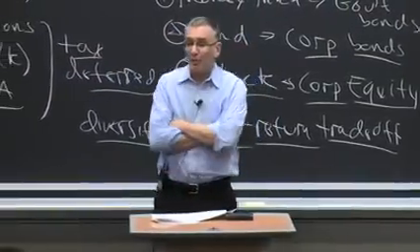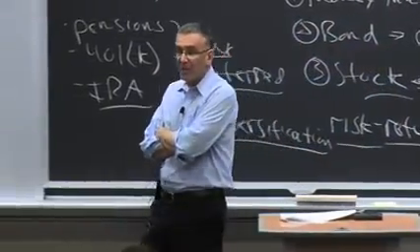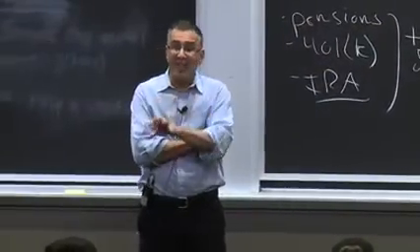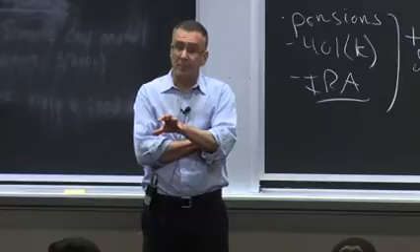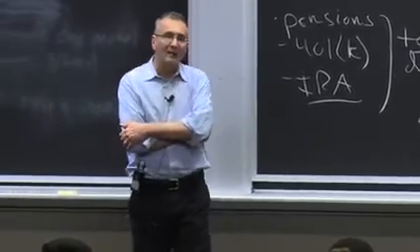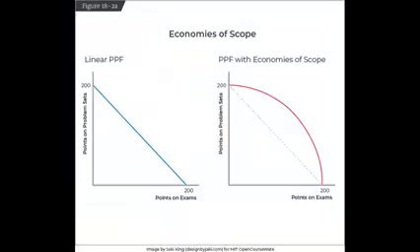That is a production possibility frontier. Okay? It shows the combination of outputs you get for any given fixed level of inputs. Now, what is wrong with the graph on the left, and why is the graph on the right probably a more realistic description of what your actual production possibility frontier looks like?